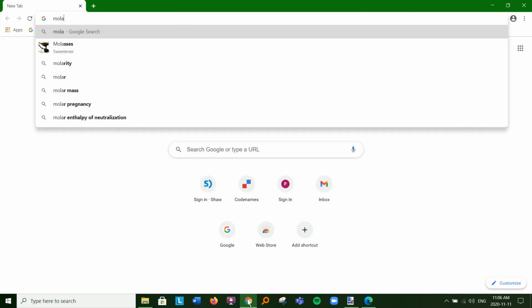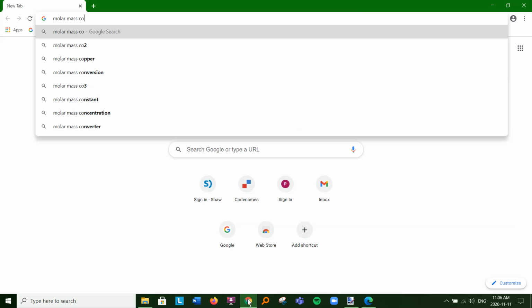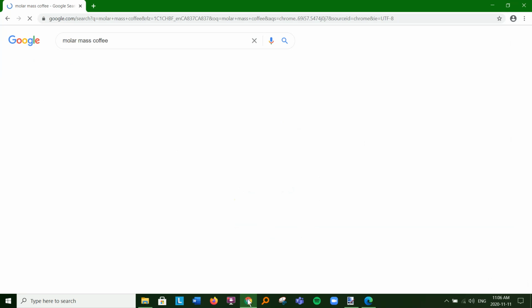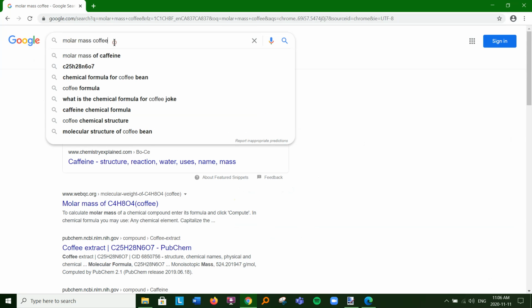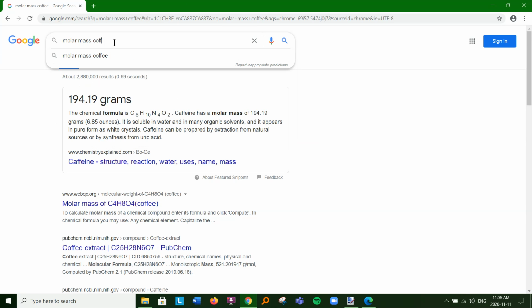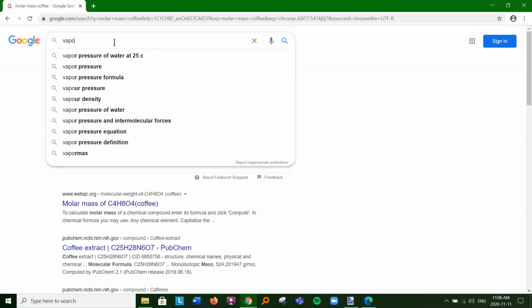Molar mass coffee: 194.19. Okay, I'm going to write that on a piece of paper here. 194.19. And let's also get the vapor pressure of water at 373 kelvin in kilopascals.